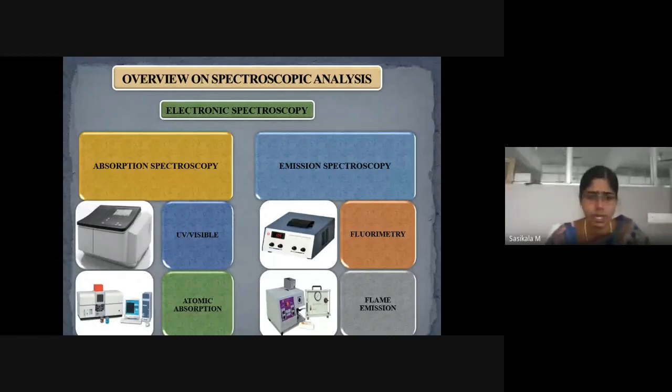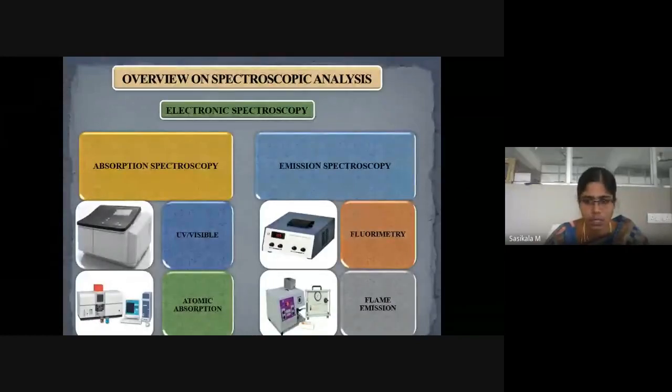Under absorption and emission, there are two types each: molecular level absorption and atomic level absorption, and molecular level emission and atomic level emission. For molecular level absorption, the example is UV visible. At the atomic level, it is atomic absorption spectroscopy. You can find the picture of the spectrophotometer used for that purpose. Here, fluorimetry is fluorescence emission at the molecular level. Here, flame emission: using a flame, the radiation is emitted, so it is called flame emission.